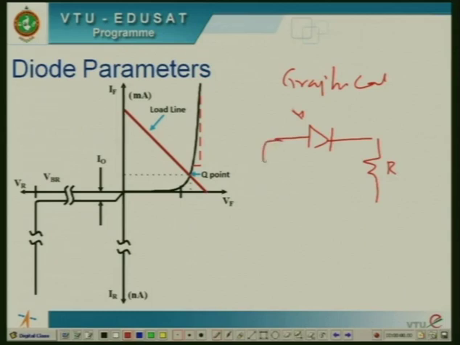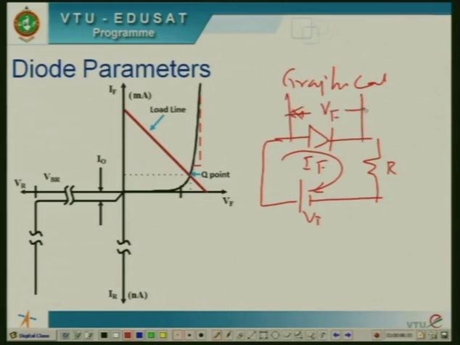When the diode is forward biased, the current flowing through it is denoted I_F, the applied voltage is V_I, and the voltage drop across the diode is V_F. To determine the operating point, we need to solve this diode circuit.